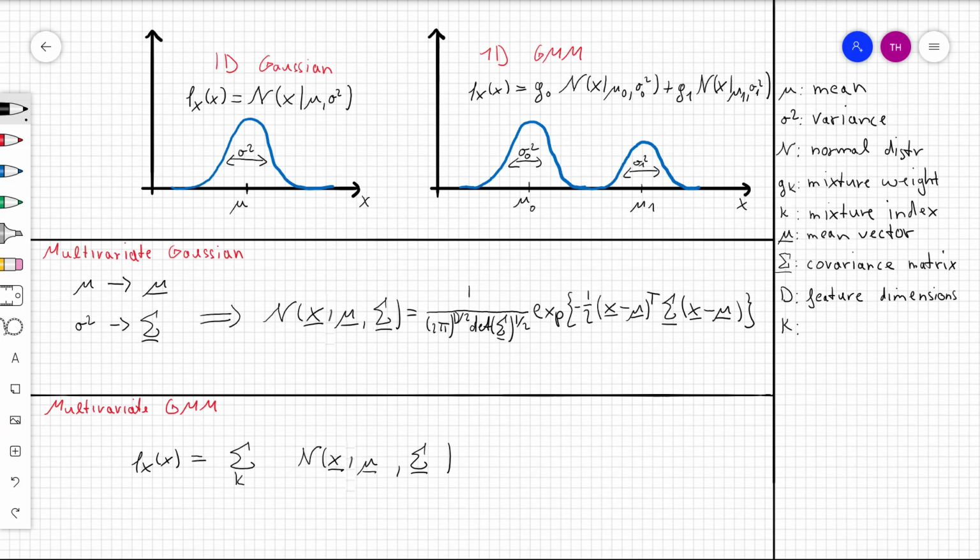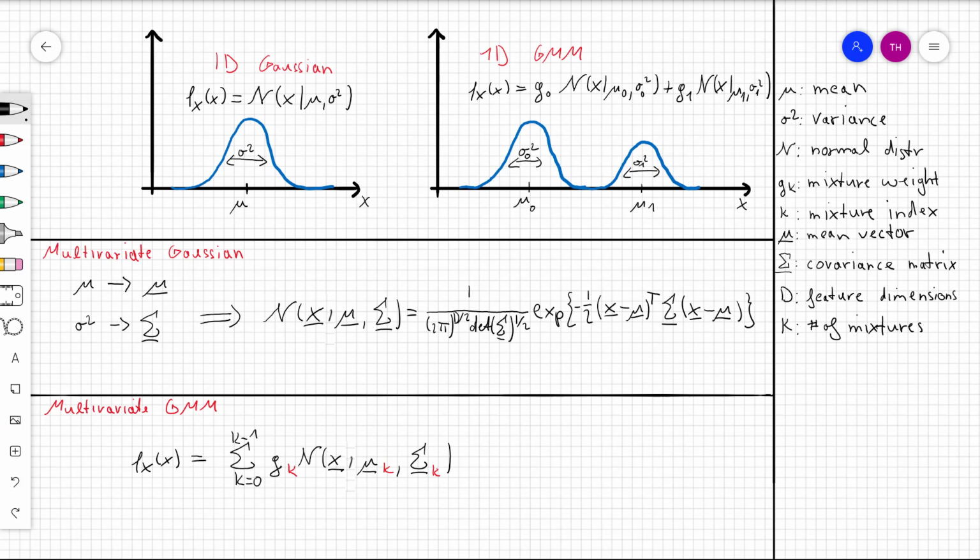We sum from k equals 0 up to capital K minus 1, where capital K is the number of mixtures we're looking at. And to finalize the formula, we have to add our mixture index here to our mu's and our sigmas, and we add our mixture weights. And this is then the distribution function of the multivariate Gaussian mixture model.